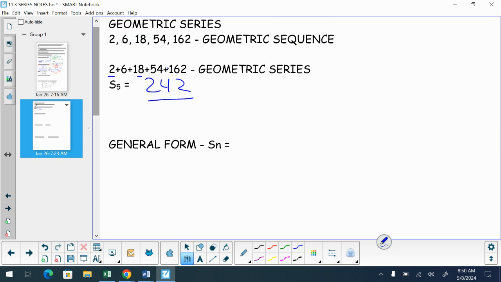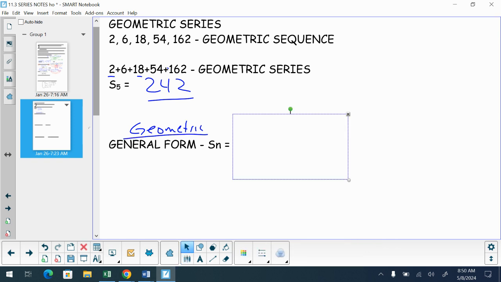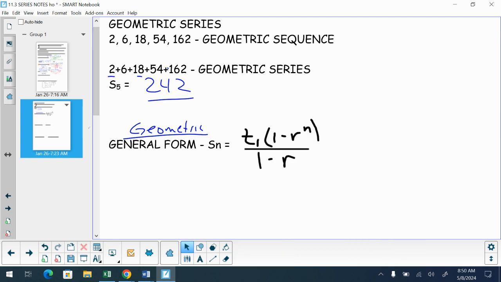I'm not going to go into an elaborate proof of why this works. It's a little bit more involved. But if you're talking about a geometric series, how you can find the sum of a geometric series is we can take our first term.